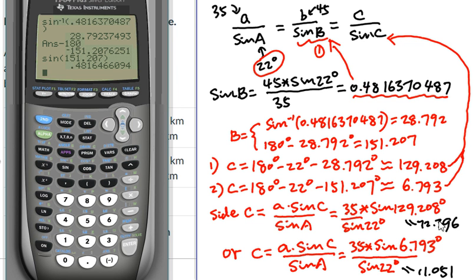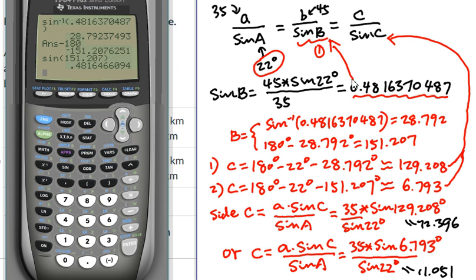Similarly, c is a over sine A times sine C. If C is this much, you put it right here, and you'll get a different length of c, which is 11.051.